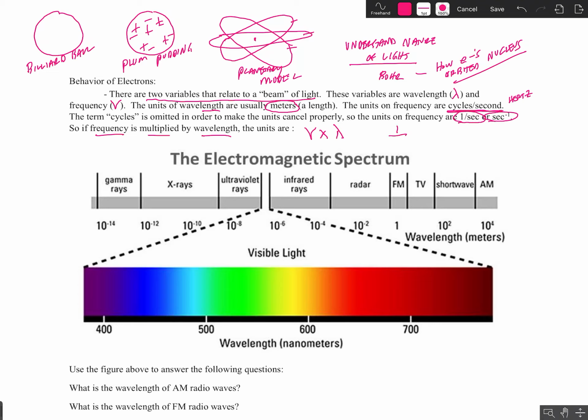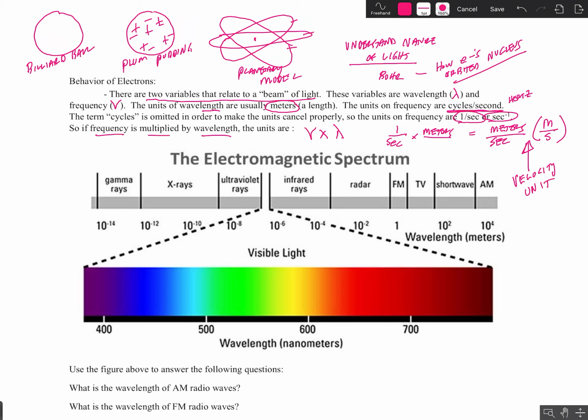Frequency is 1/seconds, and wavelength, we said, is meters. So we multiply meters by 1/seconds. Don't we get the unit meters per second, or lowercase m over lowercase s. And this, kiddos, is a velocity unit. It's a unit of speed. It's how fast something is moving.